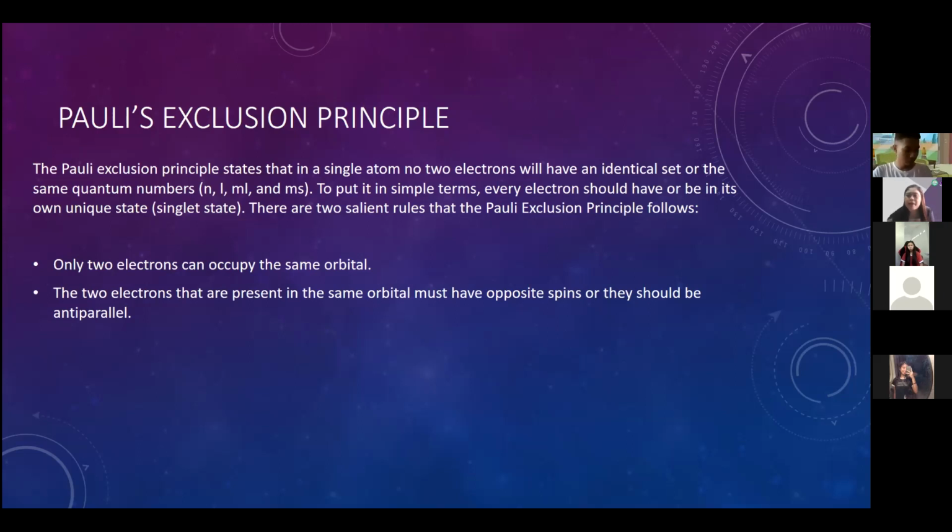Pwede silang magkapareha ng principal, ng azimuthal or angular, and magnetic, pero may pagkakaiba talaga, especially for the spin. So magkaiba talaga sila. Pwedeng magkapareho sa tatlo pero meron talagang isa na different.